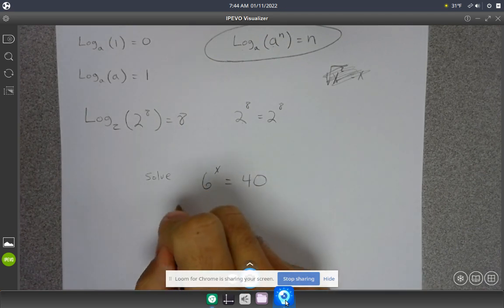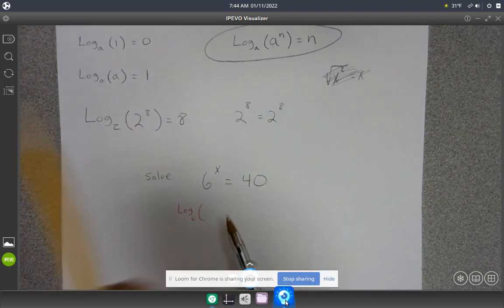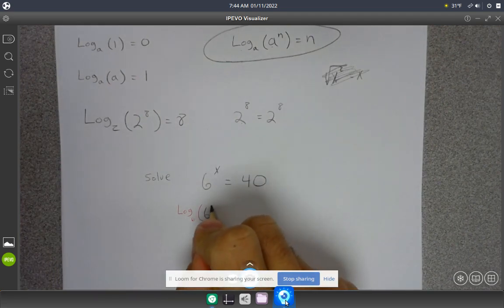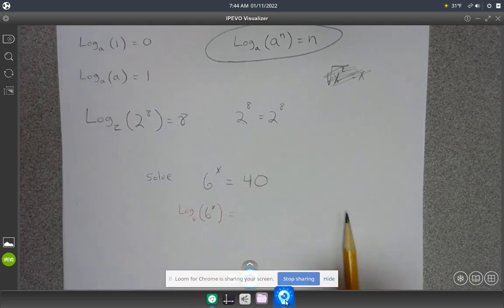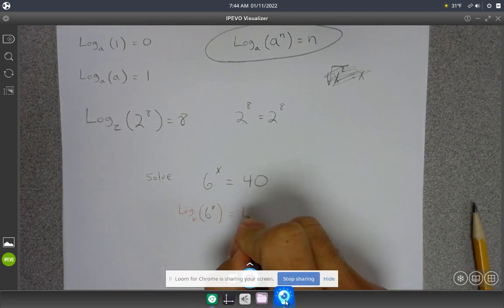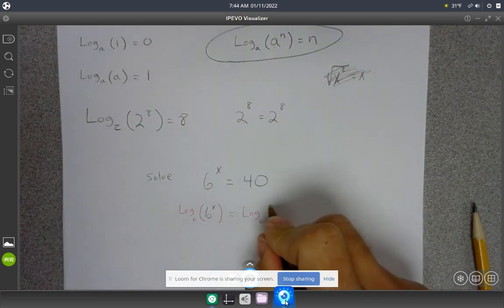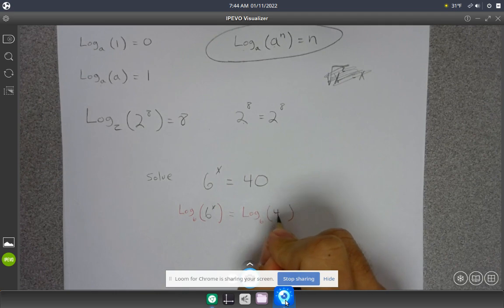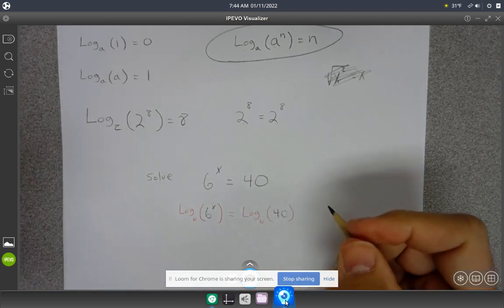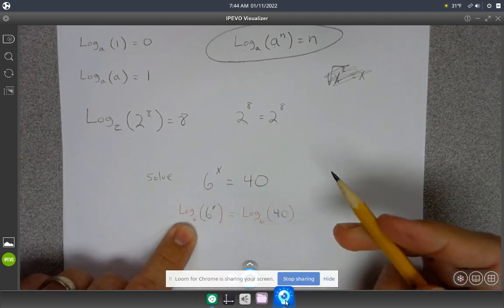So I'm going to do log base 6 of the left side, 6 to the x. And I'm going to say that that's equal to log base 6 of the right side. I'm just taking the log of both sides of the same base, but I'm choosing the base to be the same as the base I started with here.